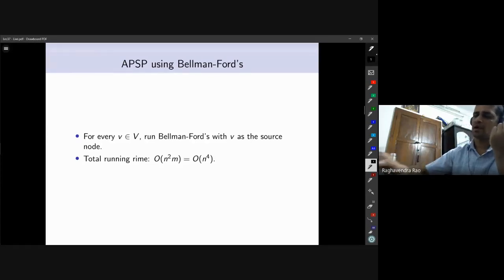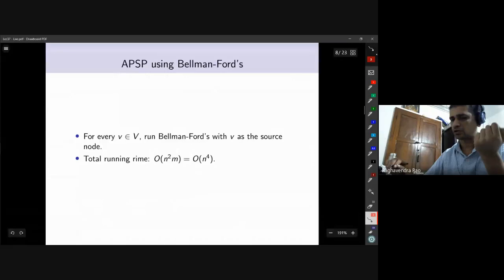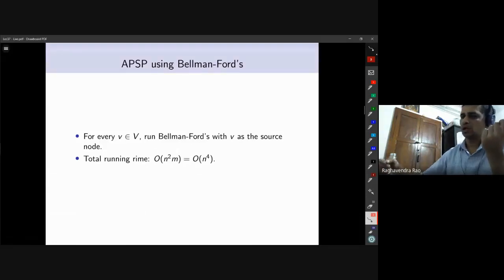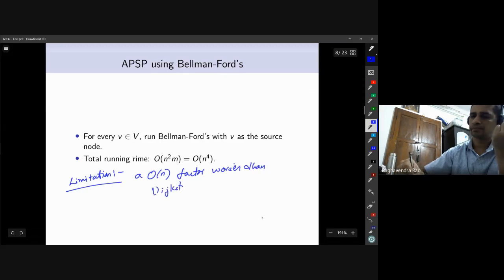In the worst case, this can be order of n to the 4, assuming m is order of n squared edges. The limitation is an order of n factor versus Dijkstra. But the advantage is that negative edge weights are allowed.